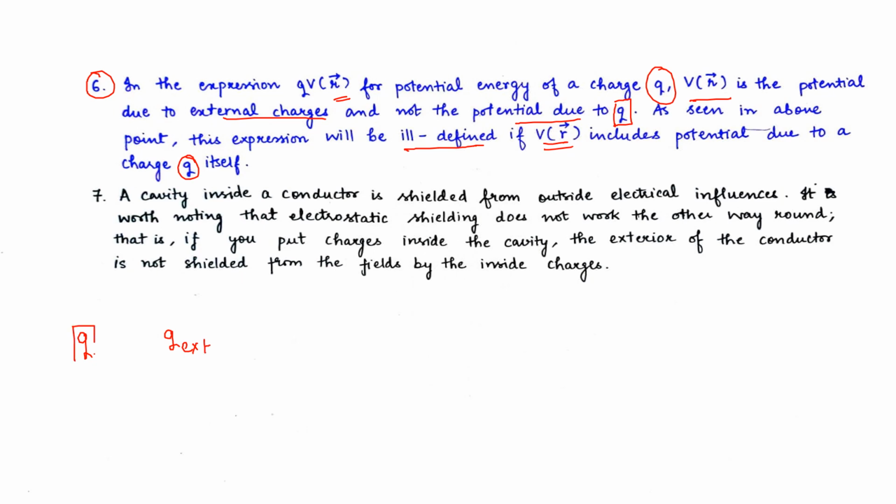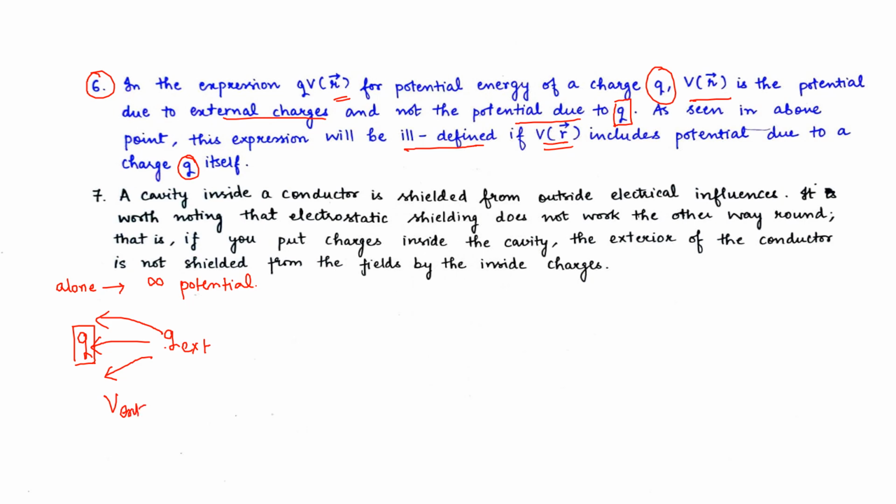This charge was present, and in the fifth point we have seen this charge when present alone has infinite potential. So when we bring this charge, it will tend to exert some potential on top of the potential due to external charge in the system.